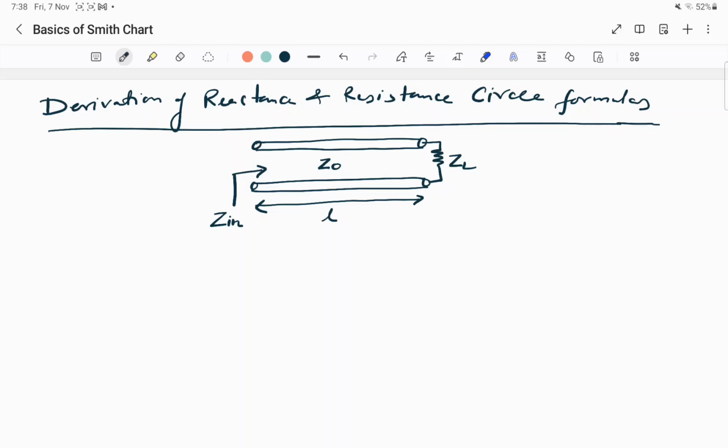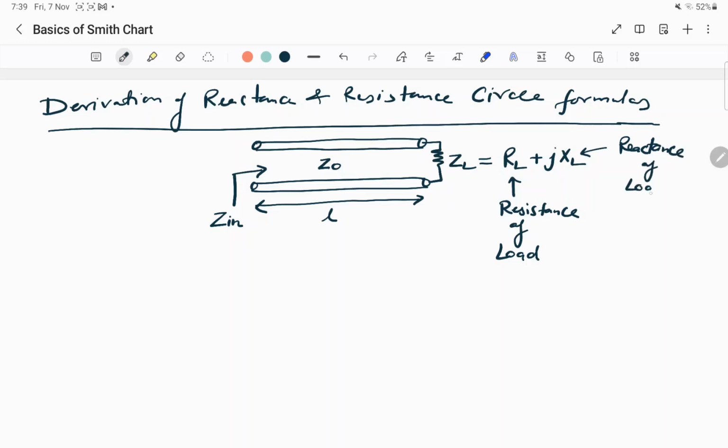Let us first assume that this load impedance ZL has a real part RL and an imaginary part XL, where this RL is the resistance of load and XL is reactance of load.